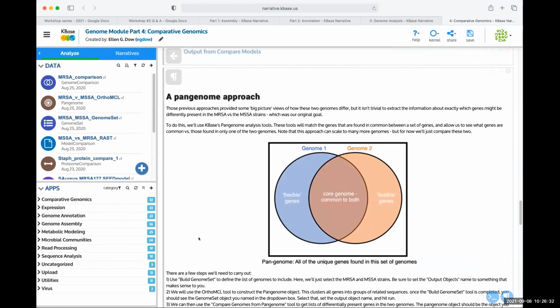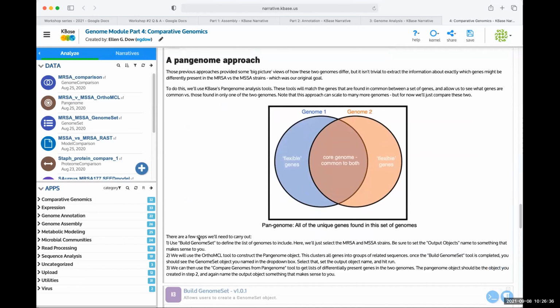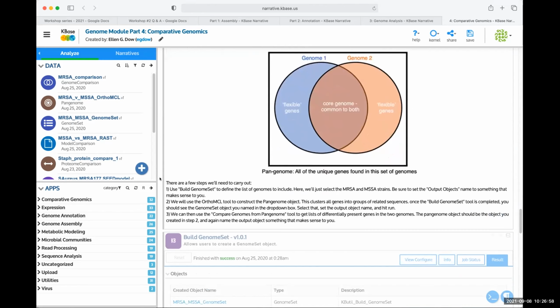And then at the end, have them think about this idea of a core versus pan genome in microbial genomes. So which genes are common and shared with both this resistant and this sensitive strain, and which ones are exclusive to one genome or the other, and thinking about how you use that as a tool for looking for the genetic basis for this phenotype of antibiotic resistance that we're interested in.